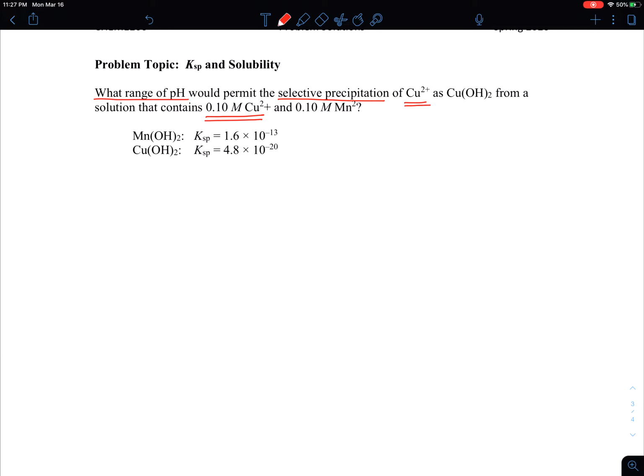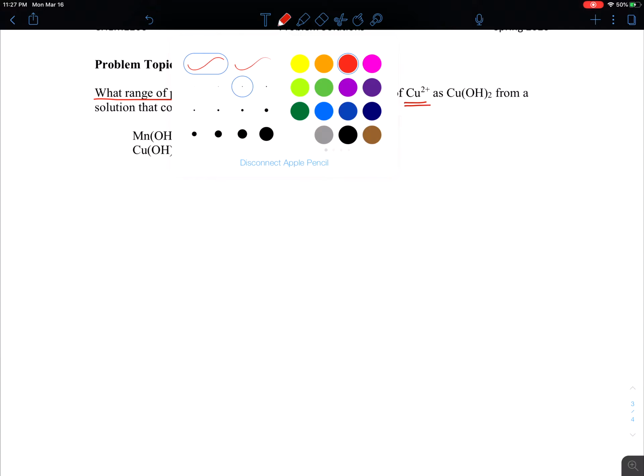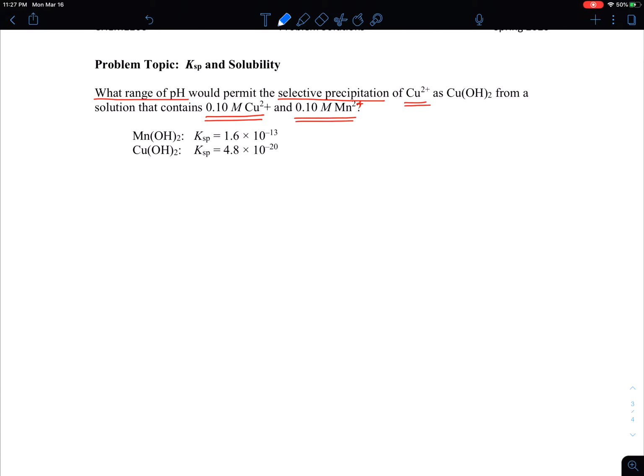Also the manganese, which is manganese 2+, I think there's a typo here, is at the same concentration. So I think most of you already know, but let me give you a short overview.